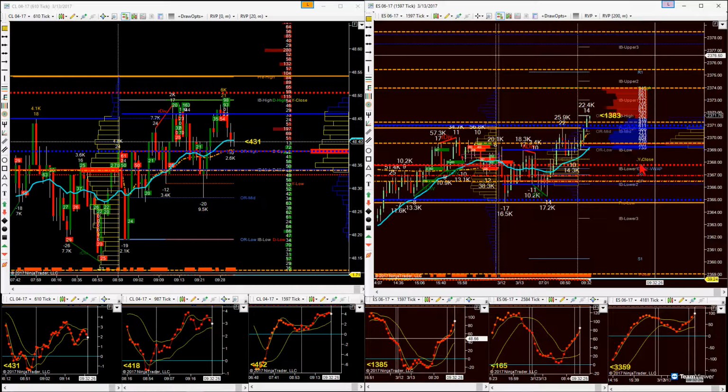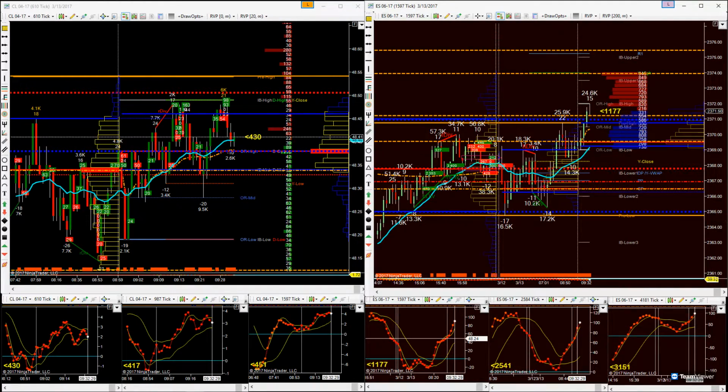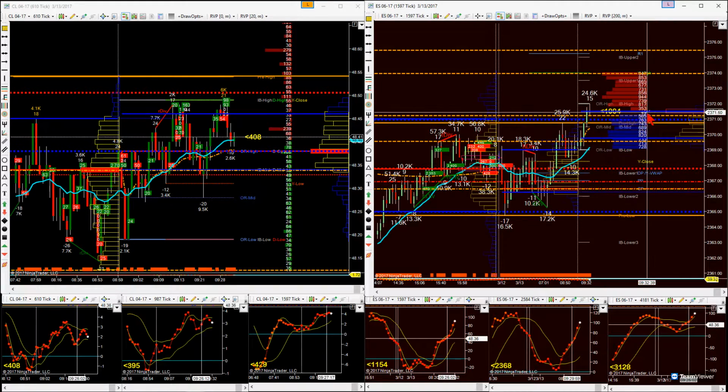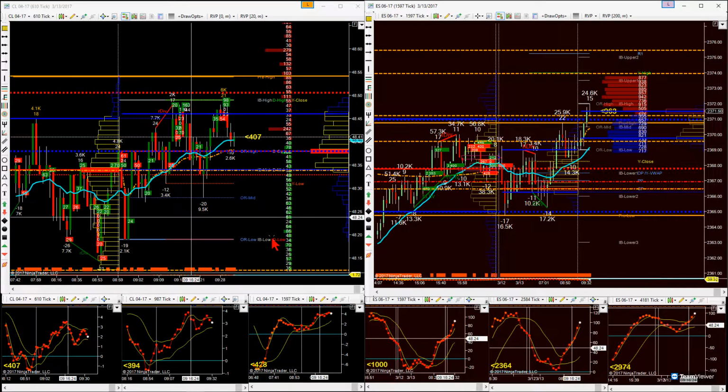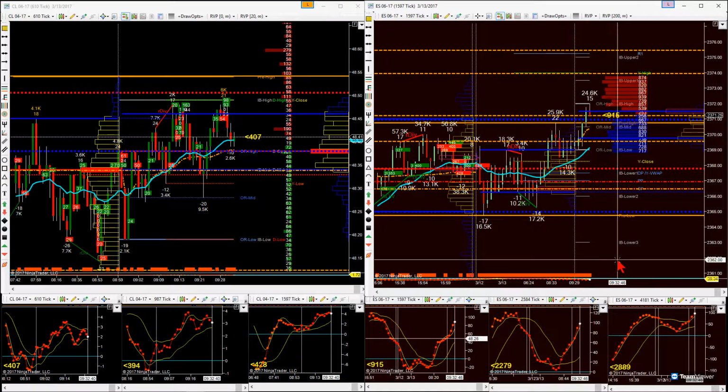This is kind of what we were looking at as the top side of the extreme, and then the bottom side, we were looking at about 59, right around low of day on Friday. So a lot of stuff could happen in between there, but let's see.